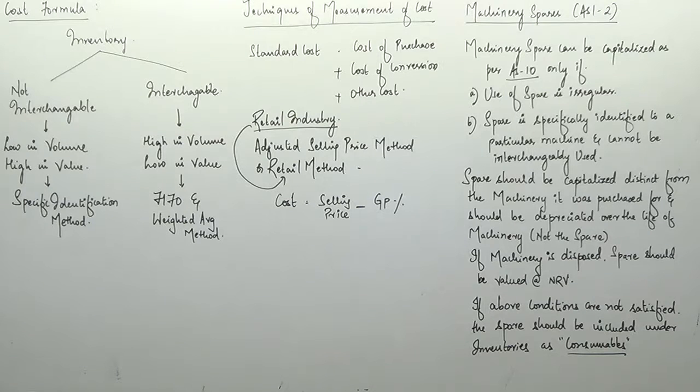Nothing so specific as far as the disclosures are concerned for the standard, because you have to disclose raw materials, work in progress and finished goods separately. That is one thing which is given specifically in the disclosure. You have to show the comparison between the cost and the NRV as well.